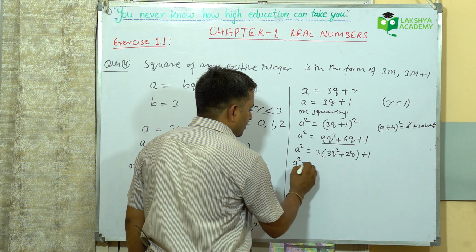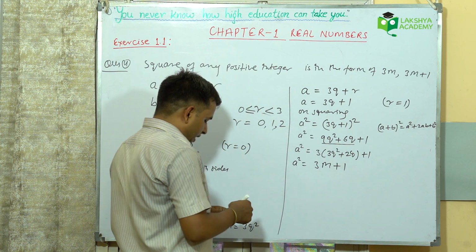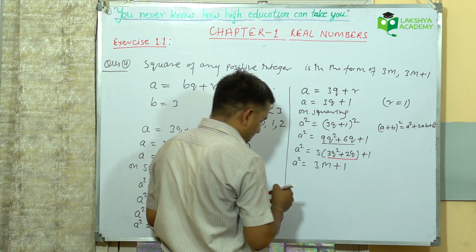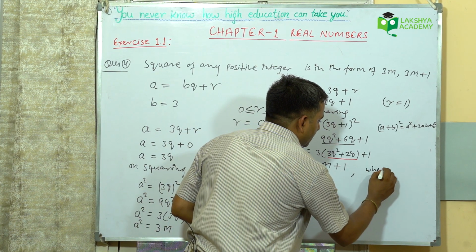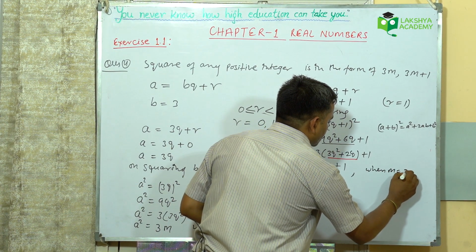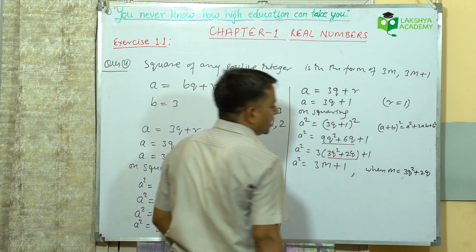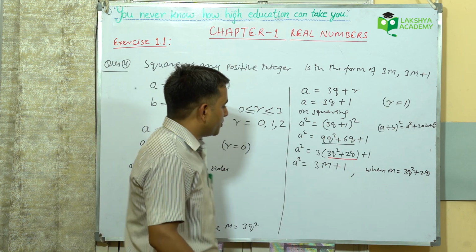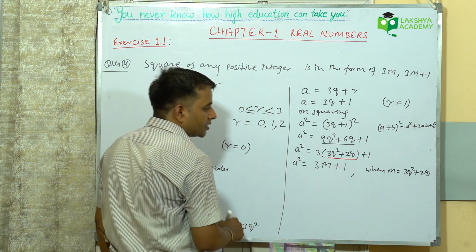Here A square equals 3M plus 1, where M equals 3Q square plus 2Q. So this is the expression we got in the form of 3M plus 1. Again taking the same expression for R equals 2.